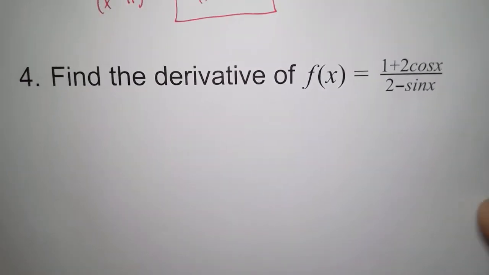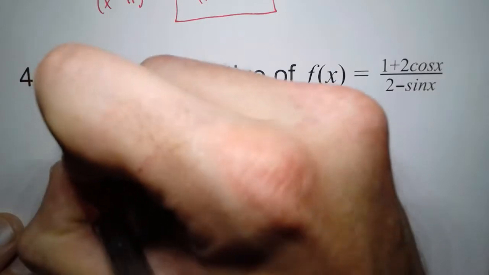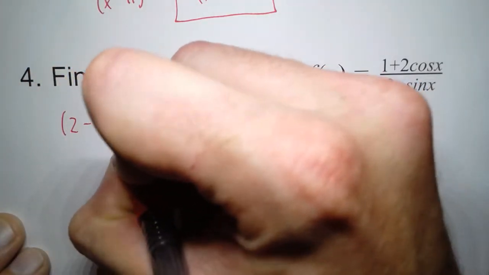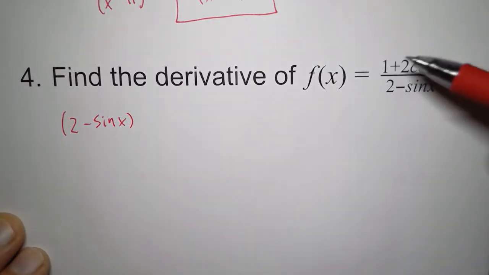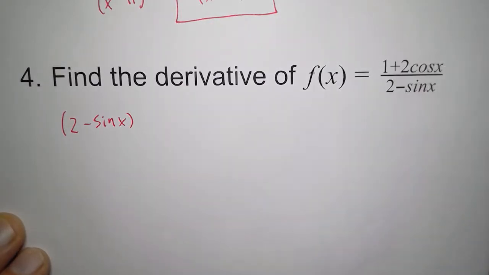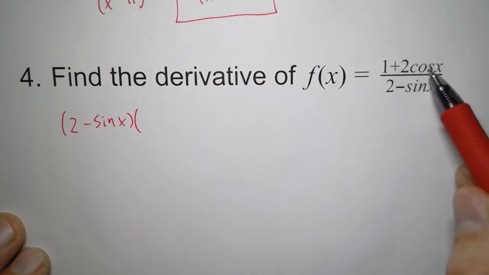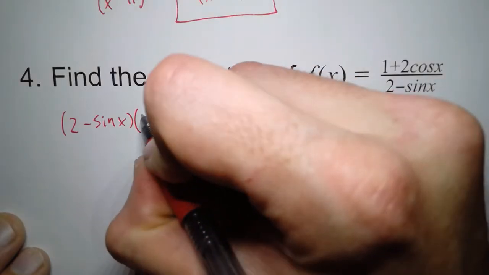Here we've got sine and cosine, and so we can apply quotient rule in this case. So low d high, so the denominator is 2 minus sine of x. Low d high, the derivative of the top: the 1 goes away, and it's 2 times the derivative of cosine, which is negative sine.